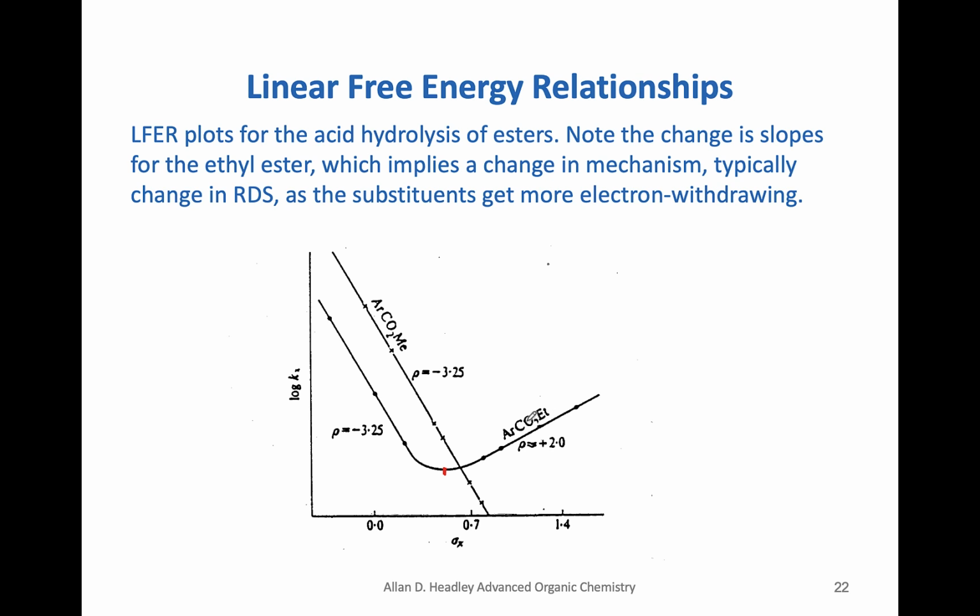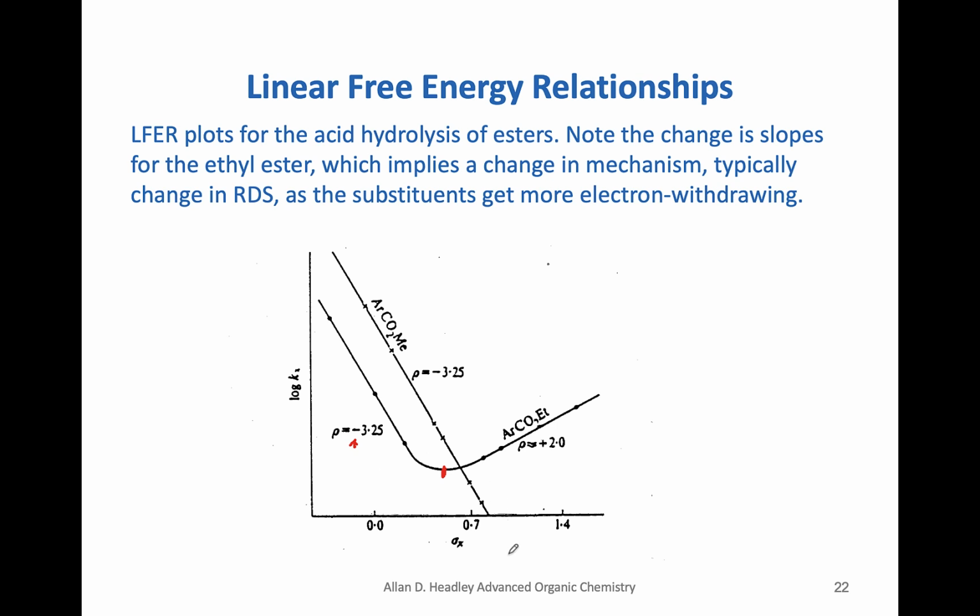I can tell you from now, what that means is that for this reaction here, for the ethyl, there is a change in mechanism from electron donating group to electron withdrawing groups. Let's see if we can analyze this a bit more. This is negative, which means that for electron donating group, that favors the formation of a positive species. Positive, probably a carbocation.